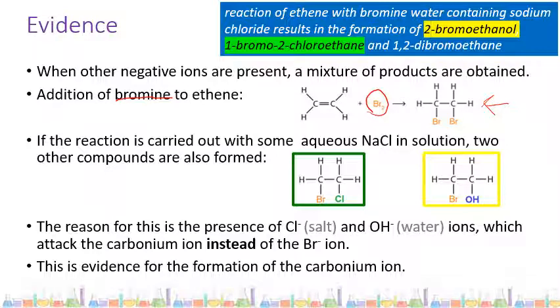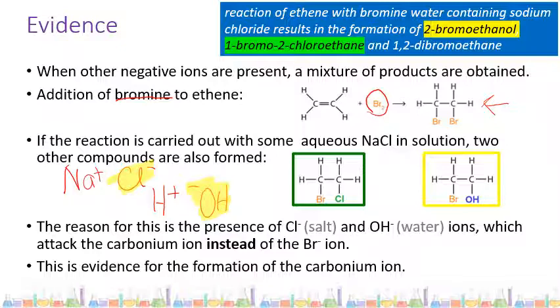However, if we carried out this exact same reaction, but we added in a small bit of salt water, two other compounds are formed. Because from the salt we get Na+ and Cl-, and from the water we get H+ and OH-. Now we have two more negative ions that can attack the carbonium ion and react with it other than the Br-.